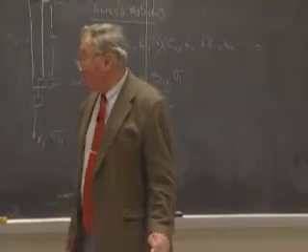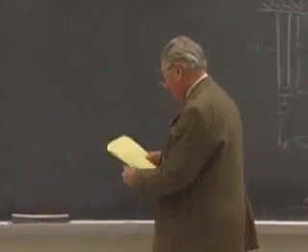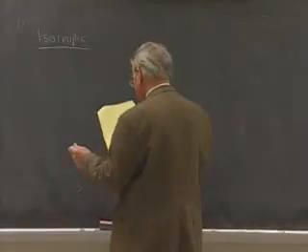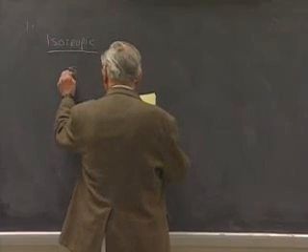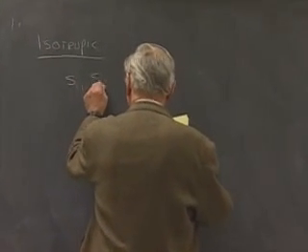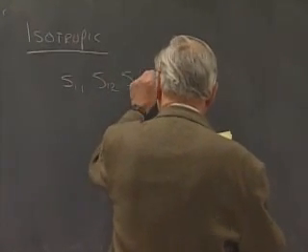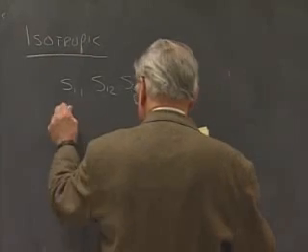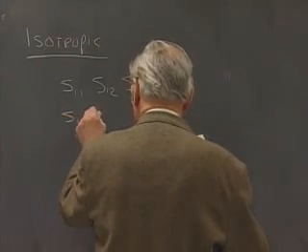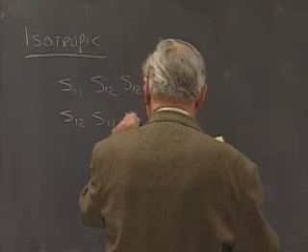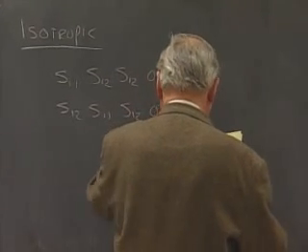Cubic crystals are elastically anisotropic, but the form of the stiffness tensor for an isotropic material was S11, S12, S12, 0, 0, 0, S12, S11, S12, 0, 0, 0.